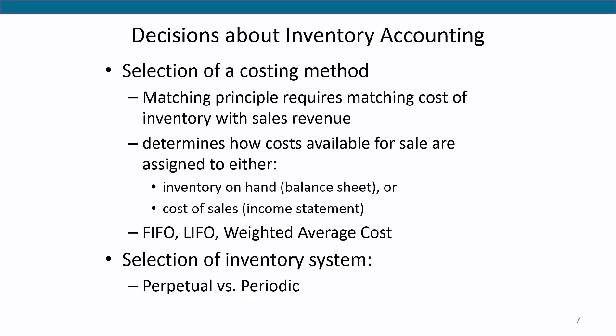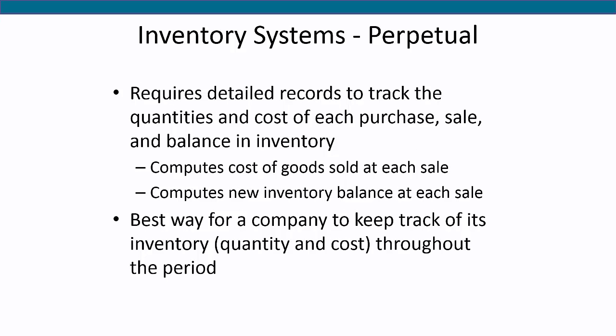The perpetual system, on the other hand, requires detailed record keeping, but also updates inventory quantities, cost of goods sold, and gross profit every single time an inventory sale occurs. Specific considerations about these types of systems are included in your handout on the next couple slides. Now, this course will cover accounting for inventory using a perpetual system.